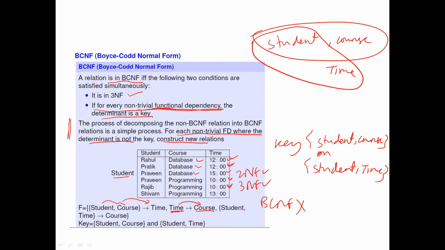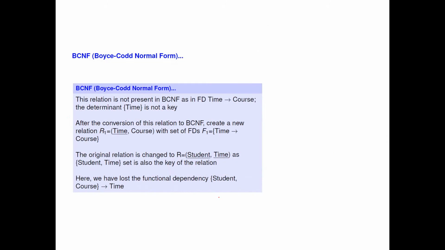It is a part of the key, but it is not the key. That's why this table is not present in BCNF. So to make it BCNF, this time to course has to be separated out. The relation is not present in BCNF as the functional dependency time determines course, and time is not the key.